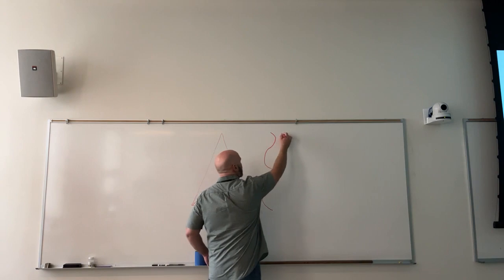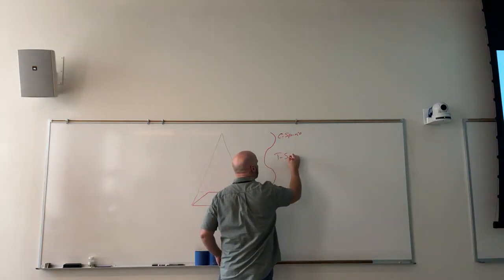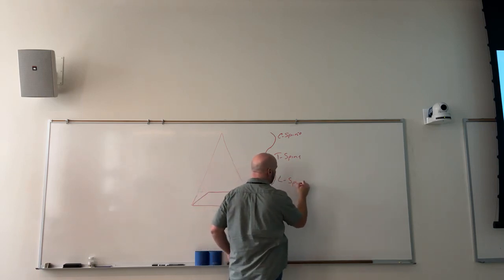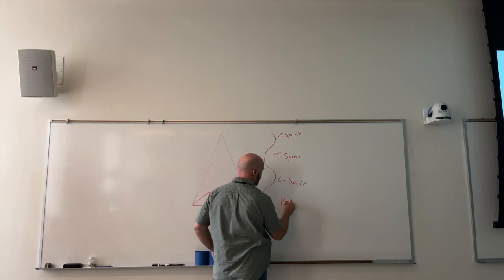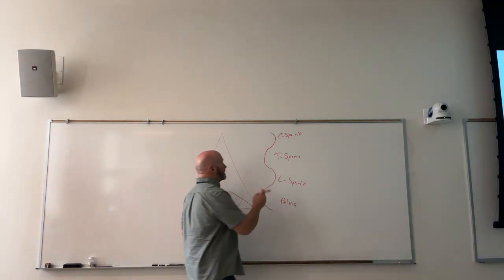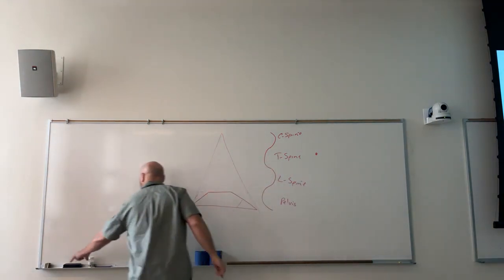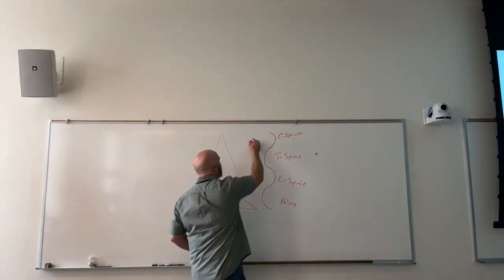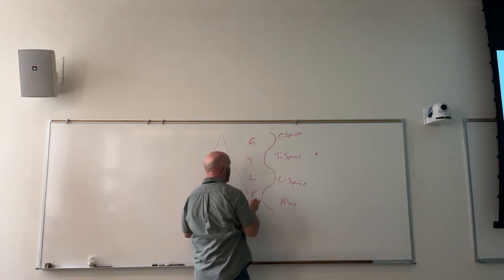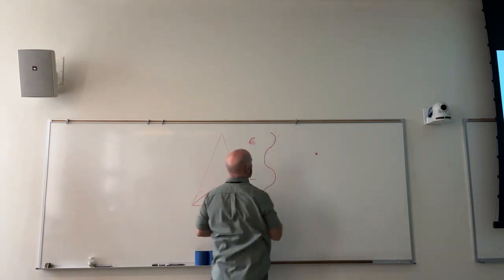So we have C-spine, T-spine, I should have done this from the back, L-spine, and then we've got pelvis, sacrum and coccyx. All right, so now our X-ray beam is over here. Since we've got our perspective, let's say we're shooting a C-spine.